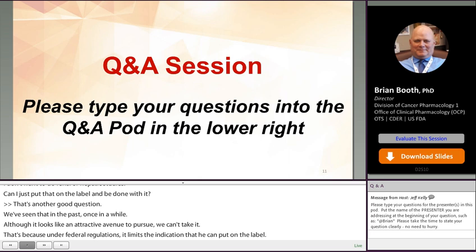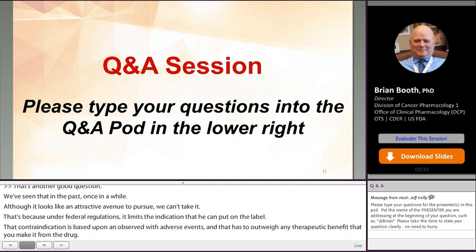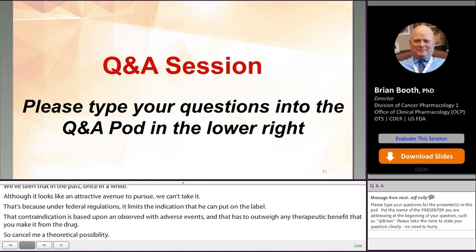So it can't be a theoretical possibility. So if you had a drug that was renally excreted, you couldn't argue, let's just contraindicate renal impairment, because we have cases where renal impairment maybe increased systemic exposure a little bit, but it doesn't lead to any clinical issues, so you wouldn't need to do anything. And you don't know that until you do those studies.